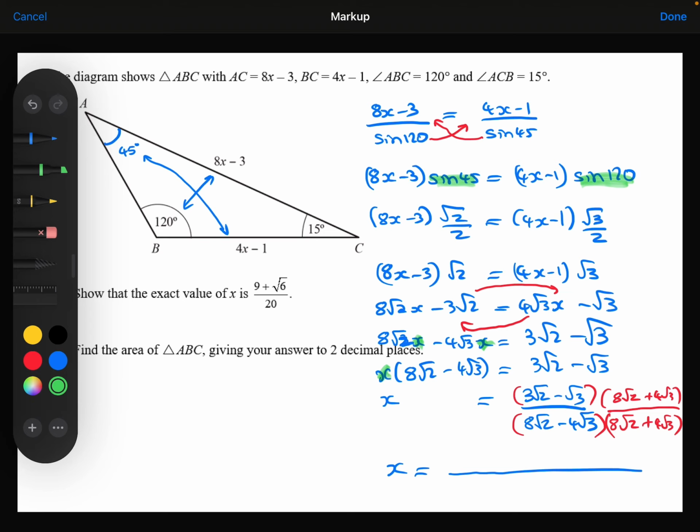Okay, let's go through this slowly then. So the 3 root 2 times the 8 root 2. The 3 times the 8 is 24. The root 2 times the root 2 is 2. The 24 times the 2 is 48.